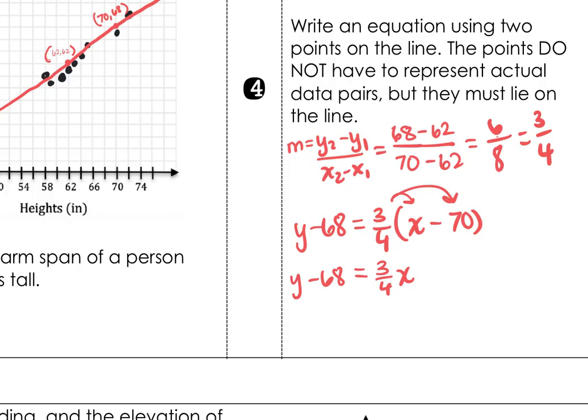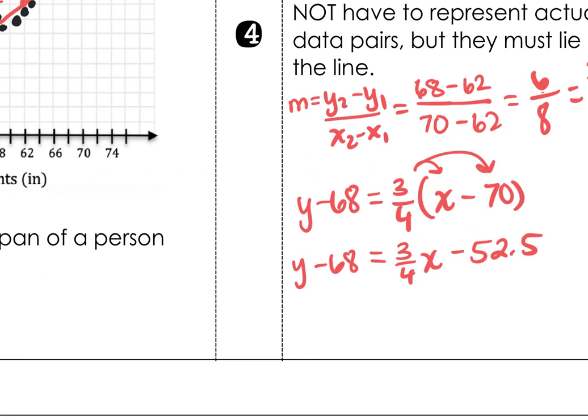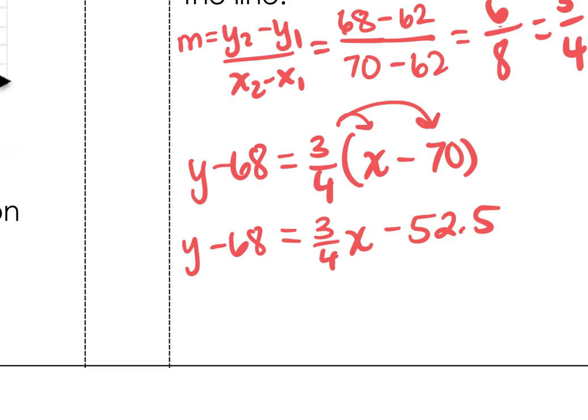this might not come out beautifully, but we can leave it as a decimal if you want, since it's our y-intercept. So 3/4 times negative 70 is negative 52.5, especially because we're talking about height and stuff. So you can be 52.5 inches or whatever. A foot is 12 inches. So if you were like 4'6", you're 4.5 feet. Well, I think this is inches. 52.5 inches.